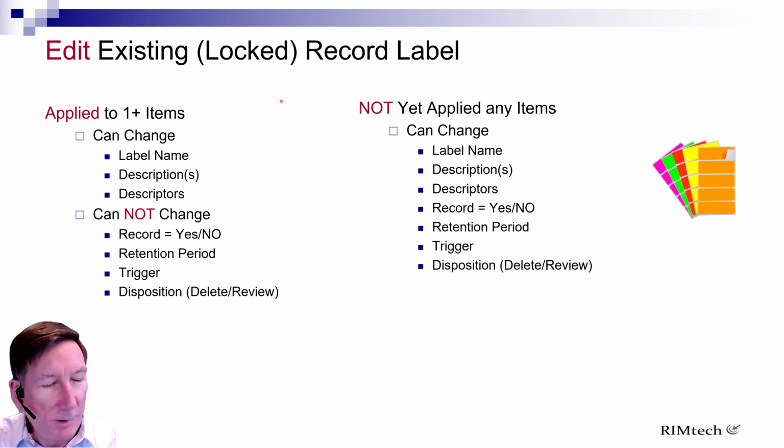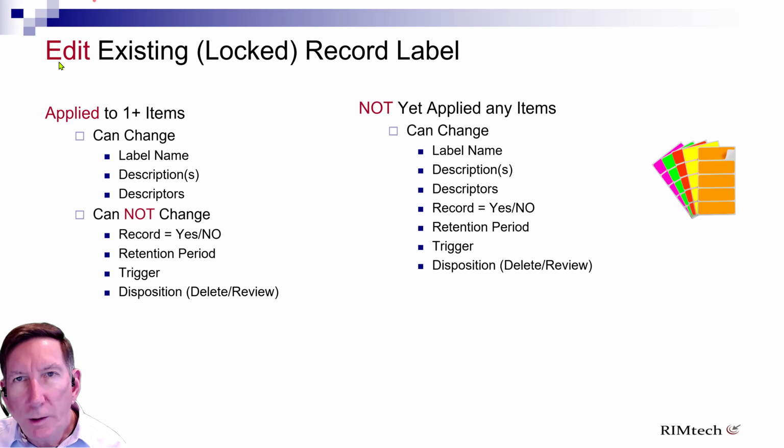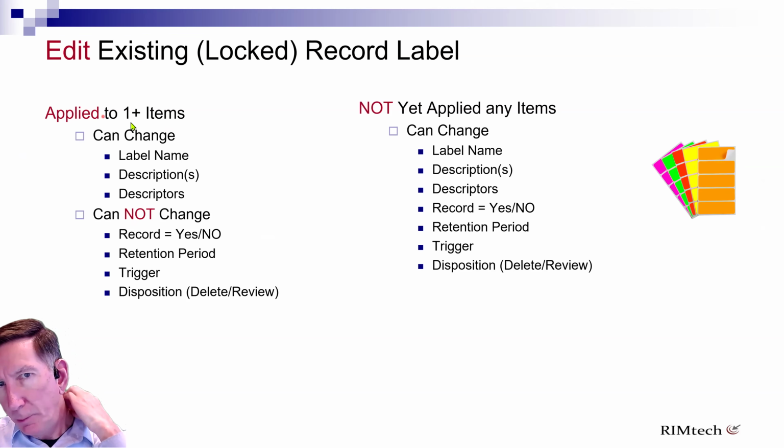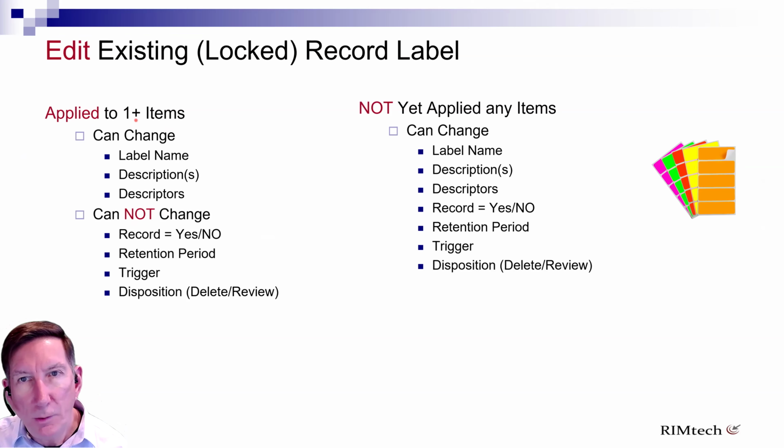That is terrible. So we're going to keep it locked always, okay? That simplifies life too. So we want to edit. Well, there's 2 paths. One is, has this label been applied yet to 1 or more items? If so, then we can change the name of the label, the description, and the descriptors. But what we cannot change is the record equals yes or no.